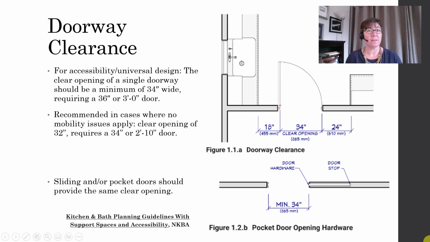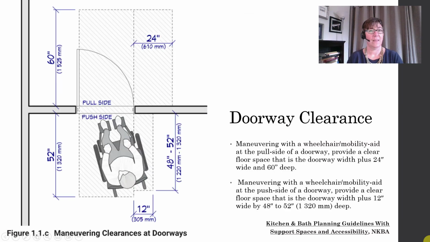In most cases, this requires an actual door panel of 36 inches, or 3 feet, because the actual width of the panel plus the hardware will protrude into the opening, and we need a full clear opening width of 34 inches. It's important to give enough space around your doorway in order for someone to pull up and open it and be able to maneuver around.